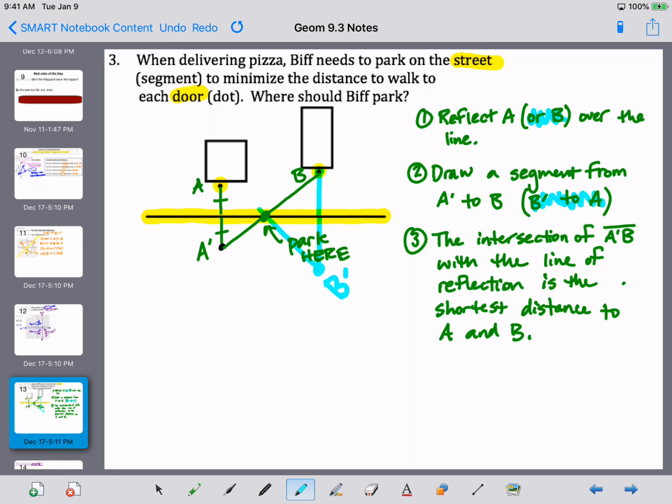If I draw that segment in, it turns out that it's still going to cross at the same spot. So it doesn't matter what point you pick, you still get that intersection to be at the same point.